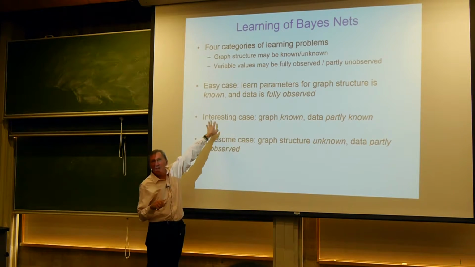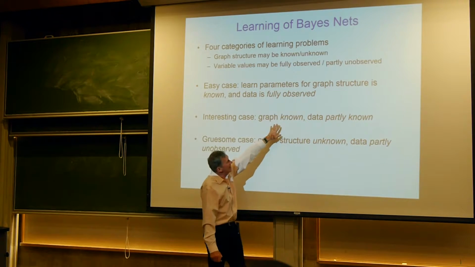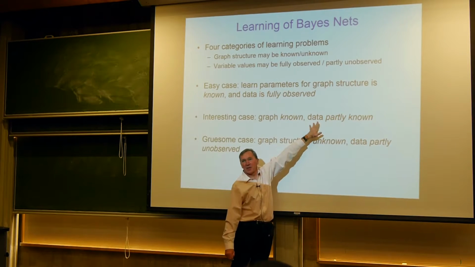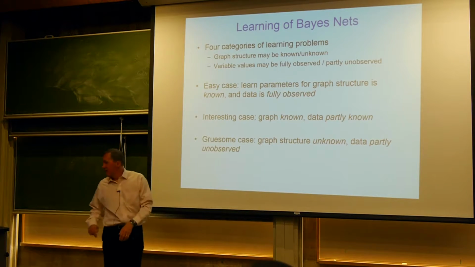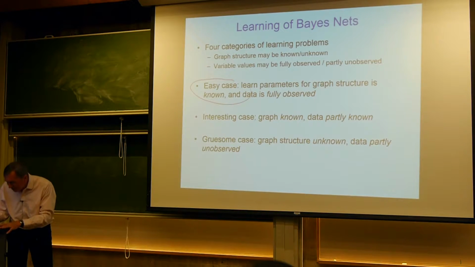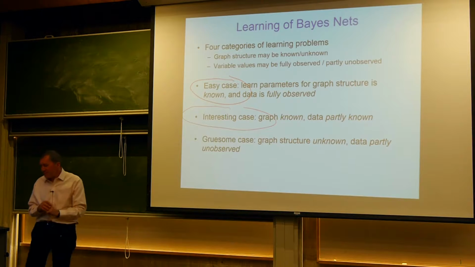An interesting middle ground, which we'll talk about today, is where the graph is given to us, but we can't really observe all the data, in which case we can still learn something interesting. So let's look at this case very briefly. We actually talked about it last time in passing. And then we'll look at this case in a little bit more detail.